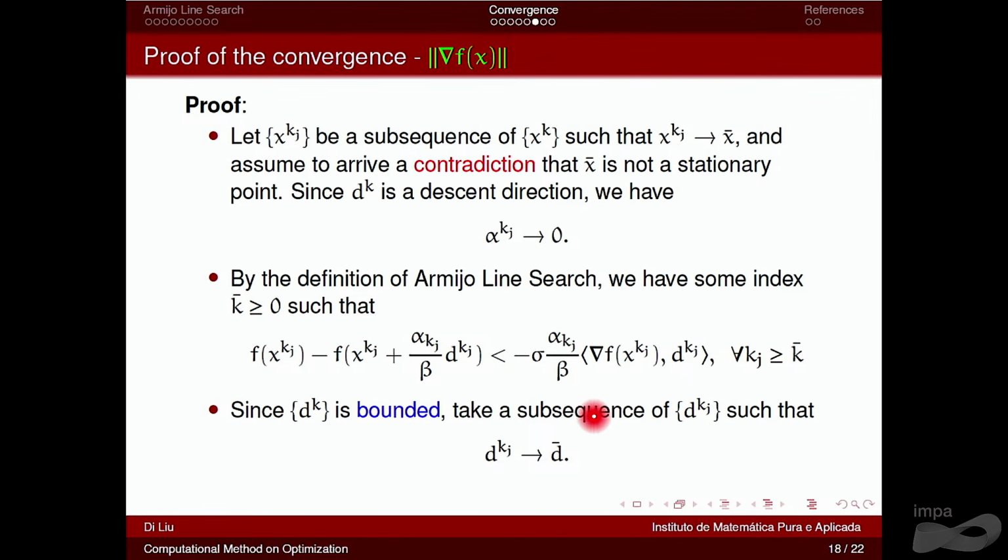We choose it such that d_{k_j} approaches some d bar. This assumption of boundedness of the search direction is not very restrictive. For example, if you choose the negative gradient as the direction, and it converges, it is always bounded. So we also assume that d_k is bounded, and take a subsequence of d_{k_j} such that it approaches d bar.